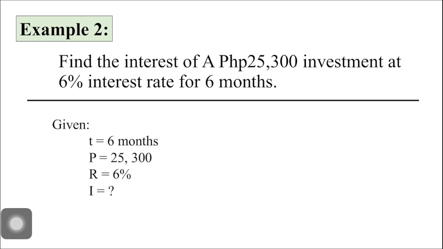So given: time is 6 months, principal is 25,300, the rate, small letter r, is 6%, and the missing one is the interest. So find the interest.